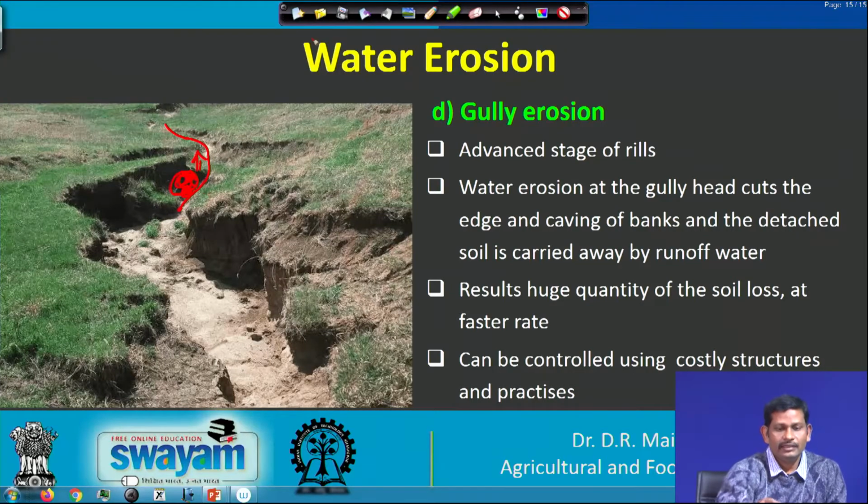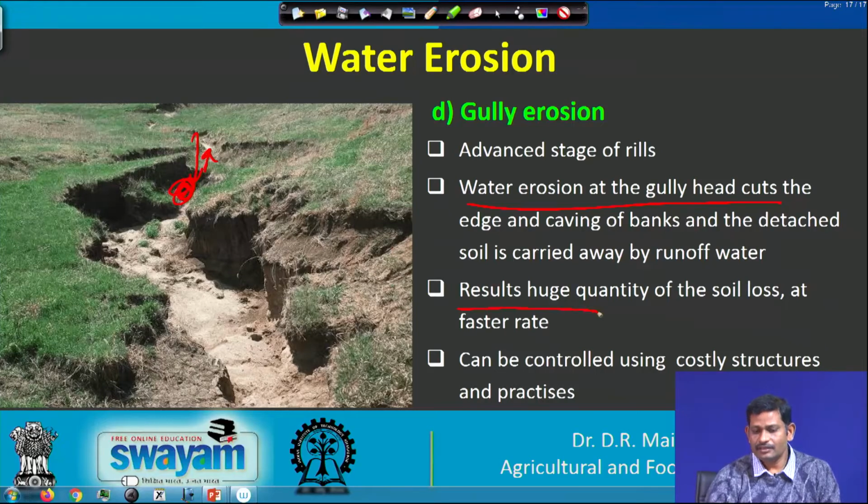So, the dredging will take place from the head side, whereas in rills the dredging takes place from this side. That is the difference. The water erosion at the gully head is going to cut, as I mentioned. The water which is falling here makes turbulence and erodes soil. Finally, this head is going to advance further.